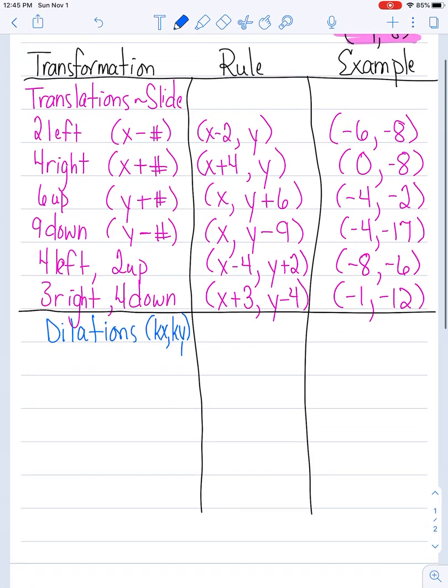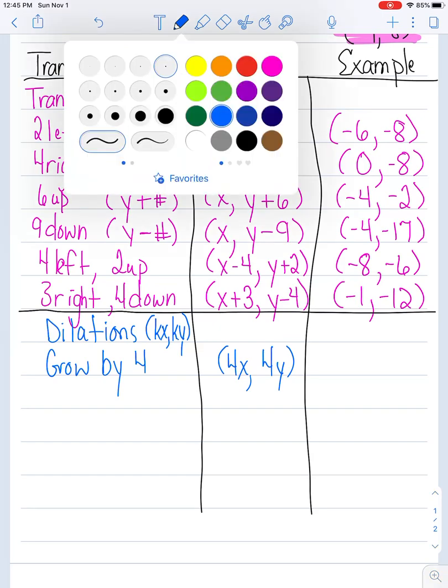So let's look at if we grow. If we grow, we're going to have a number bigger than 1. So let's say we grow by 4. So my rule would be 4 times x, comma, 4 times y. So let's apply that to our test point or our example point.